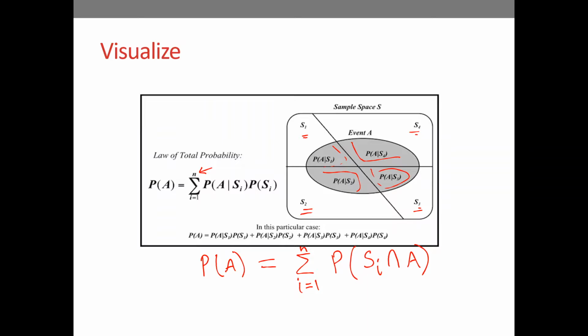Now, from the multiplication rule, I know that this particular expression can also be expressed as something like this: the sum for i from 1 to n of the probability of A given S_i times the probability of S_i, right? This is exactly what the law of total probability states, right?